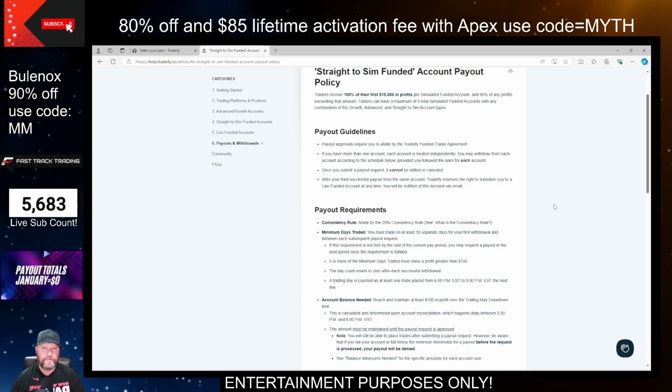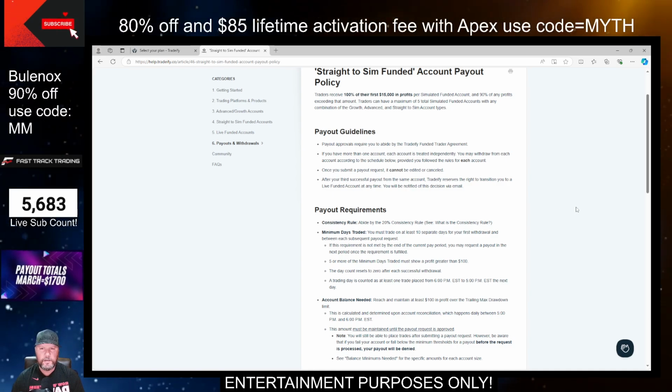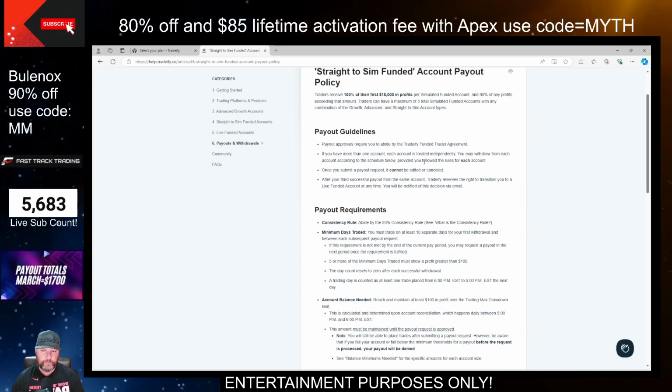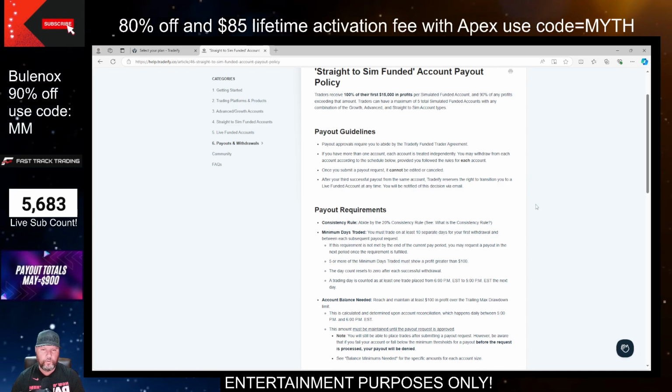Traders can have a maximum of 5 total simulated funded accounts with any combination of the growth, advanced, and straight to sim account types. Payout approvals require you to abide by the Tradeify funded trader agreement, obviously. If you have more than one account, each account is treated independently. You may withdraw from each account according to the schedule below, provided you follow the rules for each account.